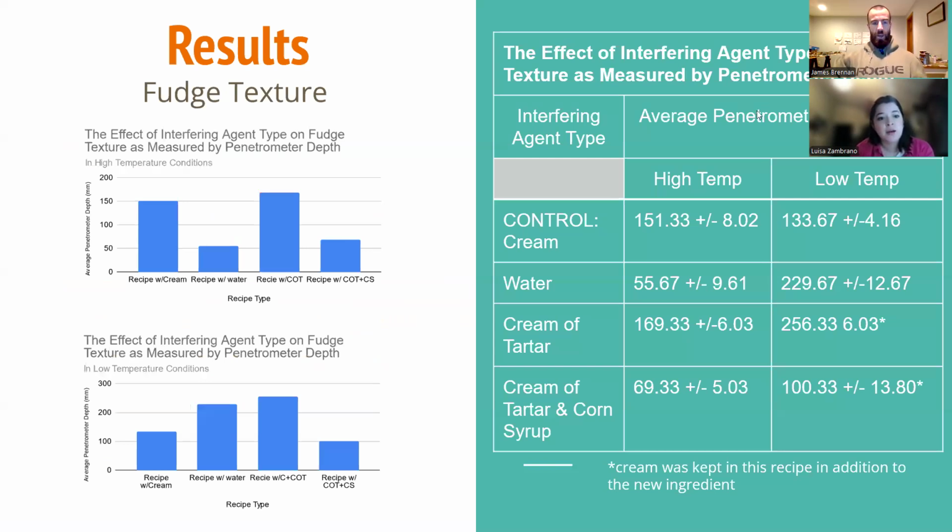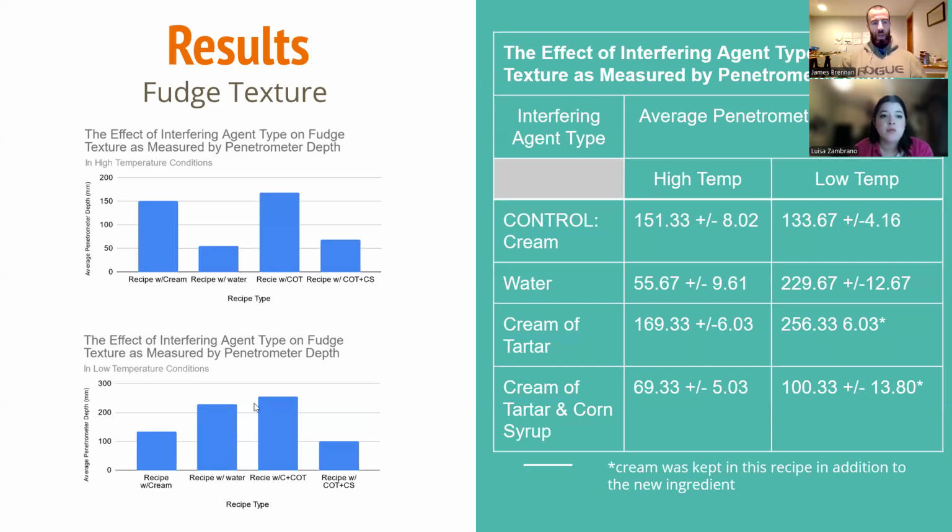So, if we look at the results here, on the left, we have our bar graphs representing the data, and on the right, we have our table compiling all of the data from the penetrometer depths. On the top, there was a high temperature condition, which was when the temperature reached 114 degrees Celsius, about 237 degrees Fahrenheit.